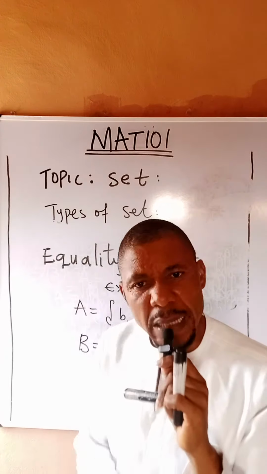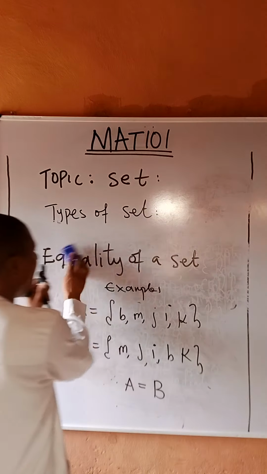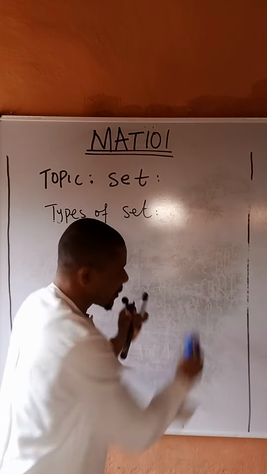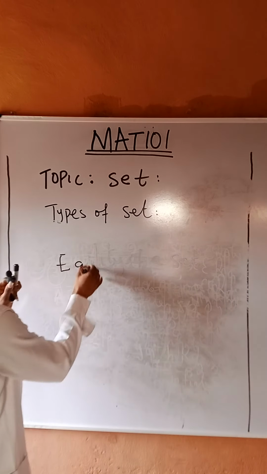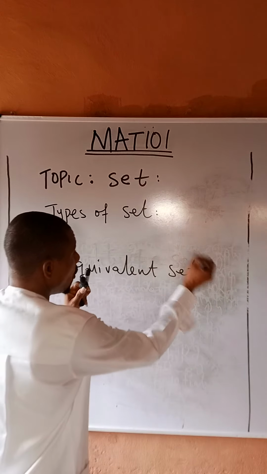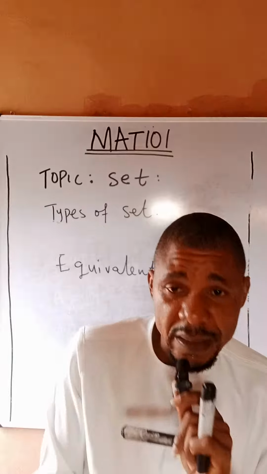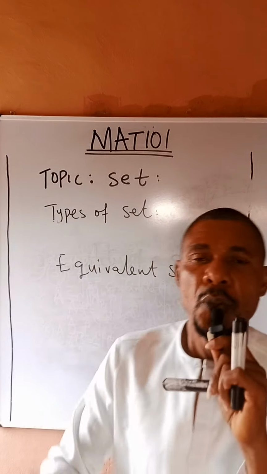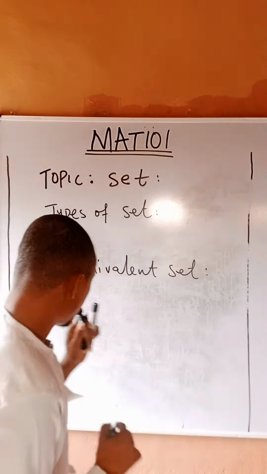In that case, we say the sets are equivalent. So for equivalent sets, the number of elements in one set must be equal to the number of elements in the other set.